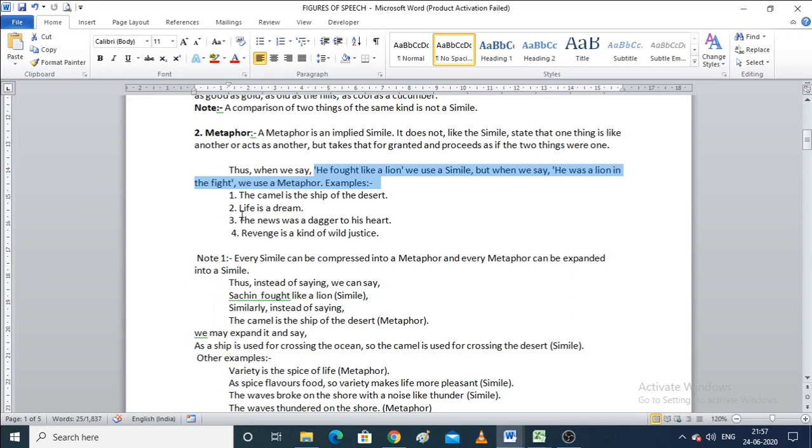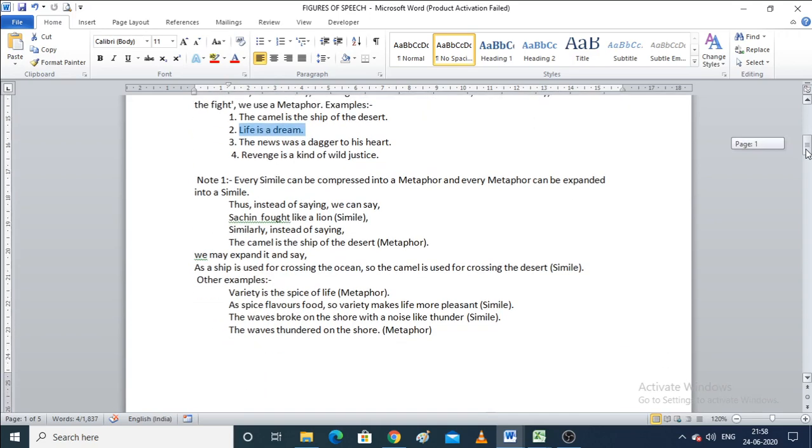A few more examples. Life is a dream. Is life really a dream? No, right? But this is a phrase. The poet is depicting that life is a dream. Now if you want to make this line a simile, you will say life is like a dream. You will use the word like. But if it is a metaphor, you will say life is a dream, right? Now every simile can be compressed into a metaphor and vice versa.